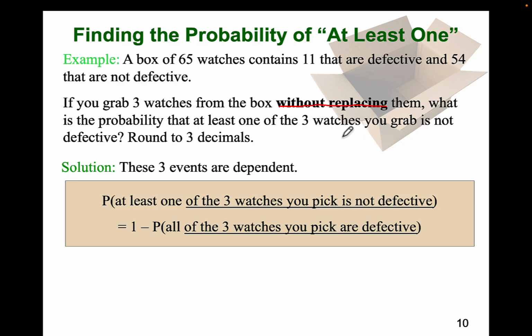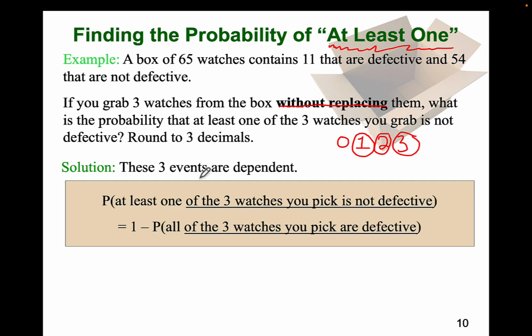You could have 0 of them defective, 1 of them, 2 of them, or 3 of them defective. So when we say at least 1, that would be 1 of them, or 2 of them, or 3 of them. That's what at least 1 means, 1 or 2 or 3, not 0.